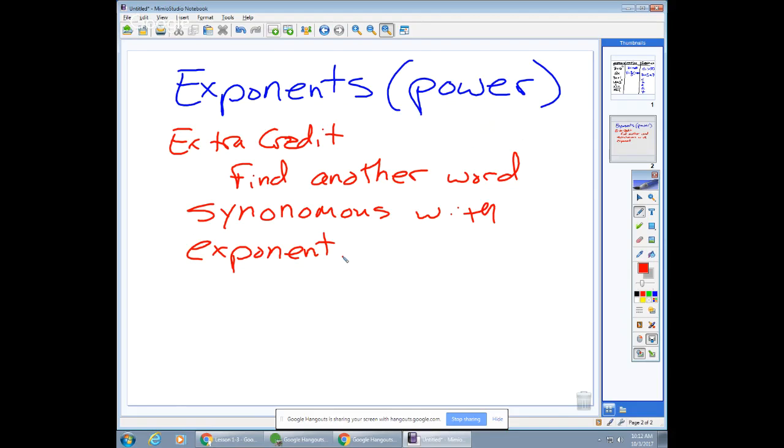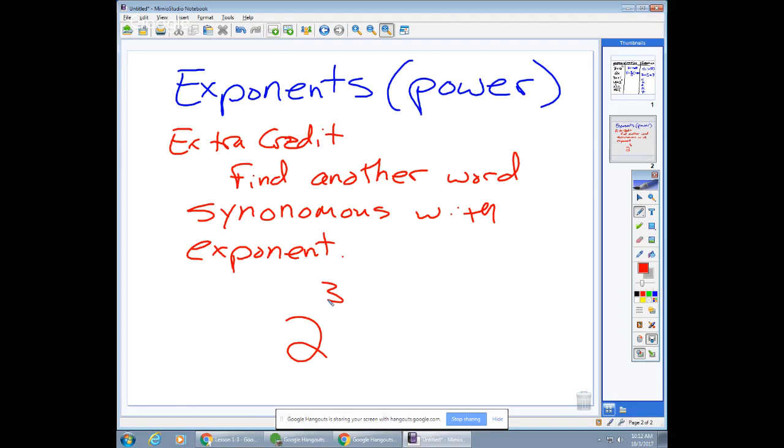Does anybody know of a definition for exponent besides something like 2 to the 3rd power? An exponent can be a person who speaks loudly about something, right? So I don't want a synonym to that version of exponent, okay? Like proponent would be like an exponent, somebody who speaks loudly about something. So I want a mathematical word that means the same thing as exponent. Okay, so that is your extra credit.